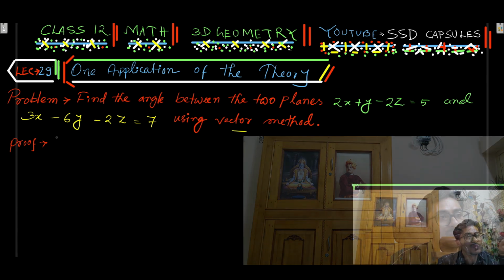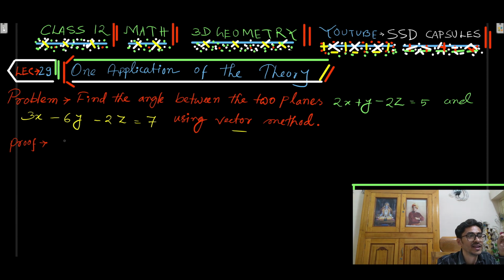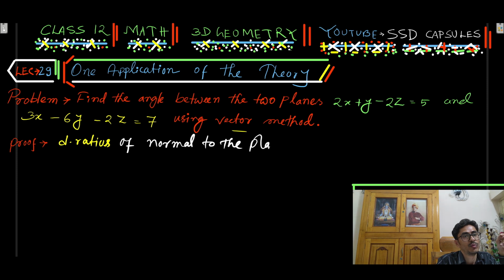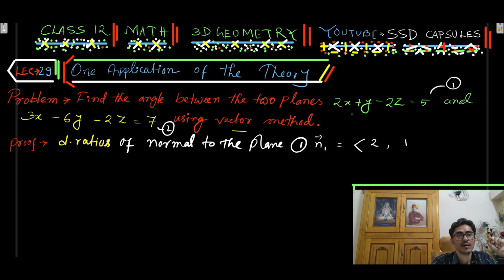So from here directly we can write direction ratios of normal to plane 1, say this was plane 1 and this one plane 2. Plane 1: n1 vector equal to 2, 1, minus 2.